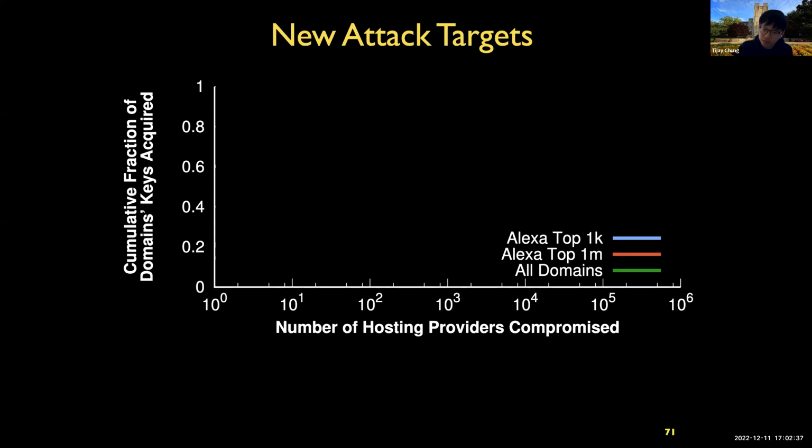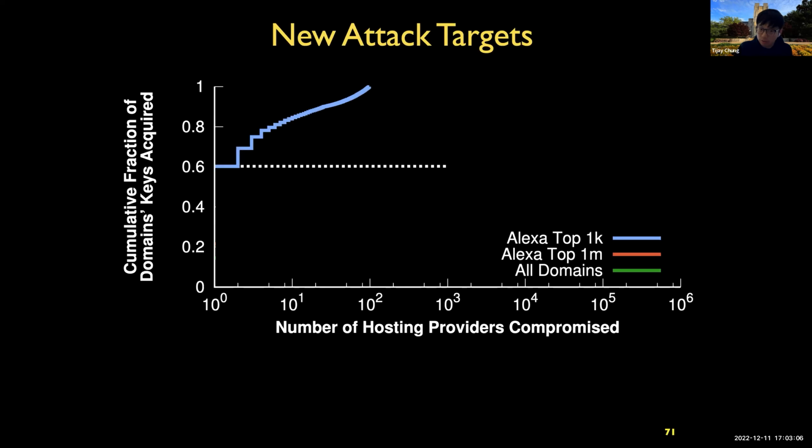If you take a step back, because we learned that many websites use third-party hosting providers, you can think of it as an economic artifact. The x-axis shows the number of hosting providers compromised. In other words, we would like to answer how many third-party hosting providers you need to compromise to get X percentage of the private keys.